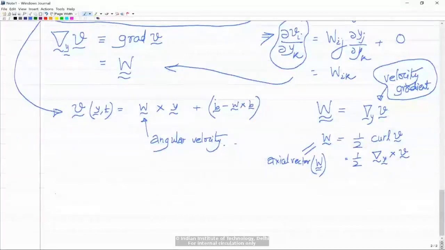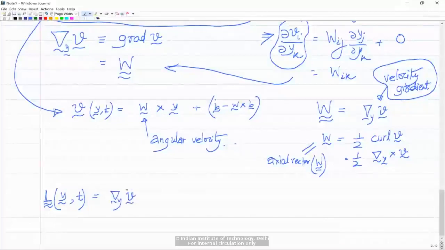So this velocity gradient has a symbol which is used everywhere in the literature, and it is called L, a second order tensor L. It's an Eulerian quantity, so it's a function of y and time t, and as you see here, it's the gradient with respect to y of velocity in the Eulerian form.